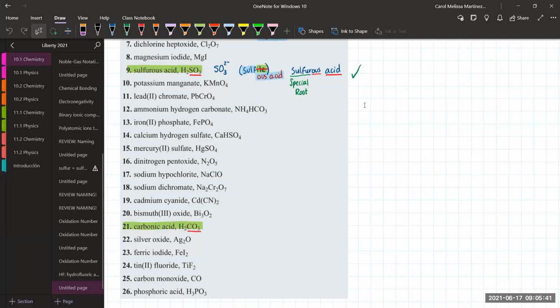Carbonate. This is carbonate. So is the name correct? Is the formula correct? Yes. The name and formula both are correct. Okay? So we say that yes, it is correct.